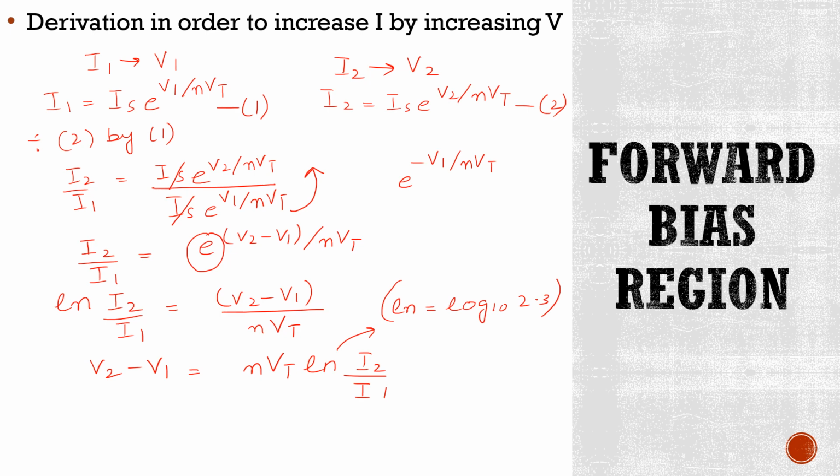So now this equation can be rewritten as V2 minus V1 is equal to 2.3 nVT log(I2 divided by I1). So this is your derivation for increasing current when voltage is increased in forward bias region.